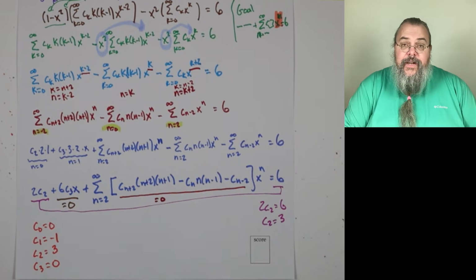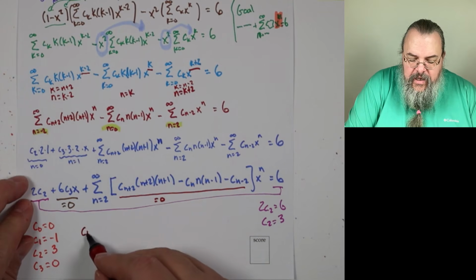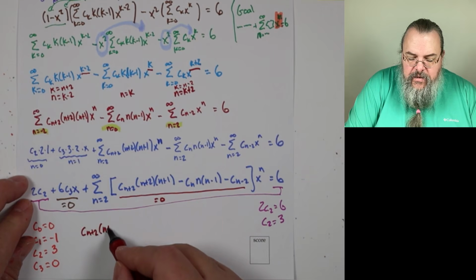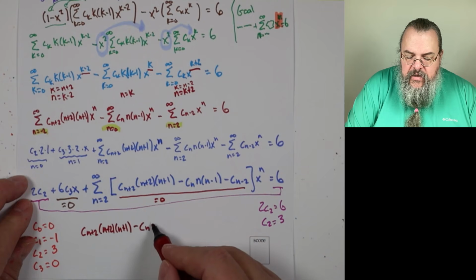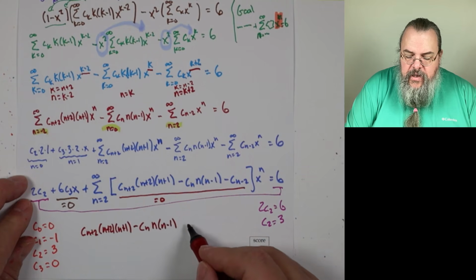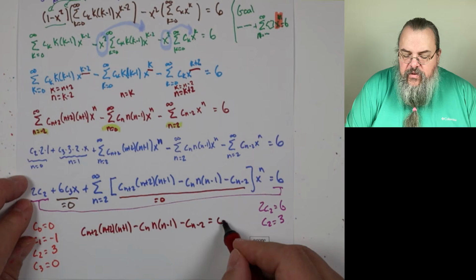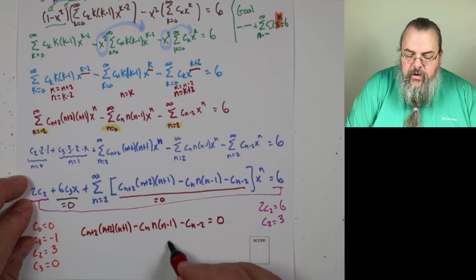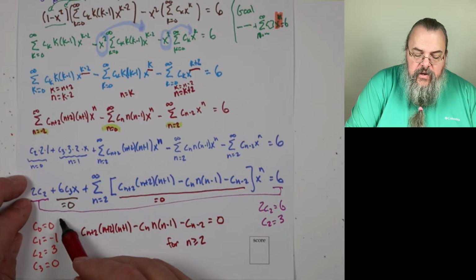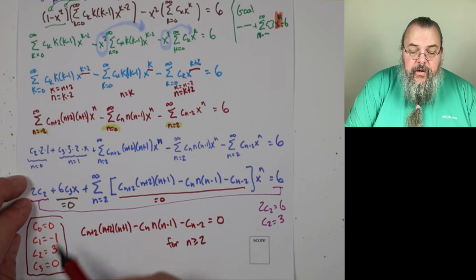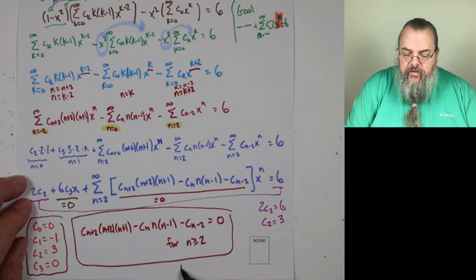So if you write down what that means, we get C(n+2) times (n+2)(n+1), minus Cn times (n minus 1), minus C(n minus 2) has to equal 0. And this is for n at least 2. So these are your initial values that they wanted us to find, and this is our recurrence.